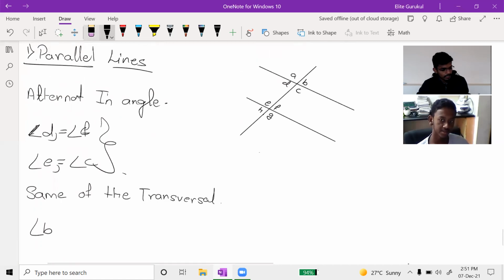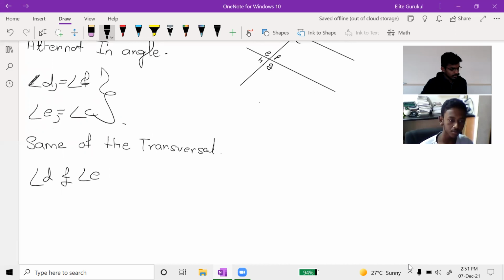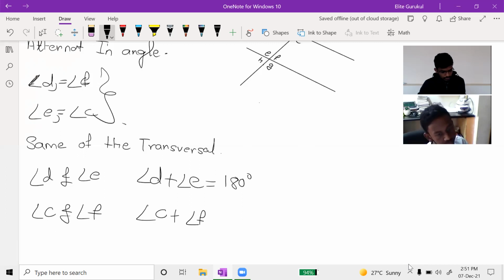Angle D and E. Angle C and angle F. Yes, that is right. But what we have to do? We have to add them. Angle D plus angle E will be equal to 180 degrees. And angle C plus angle F is equal to 180 degrees. Any doubt? No, sir.